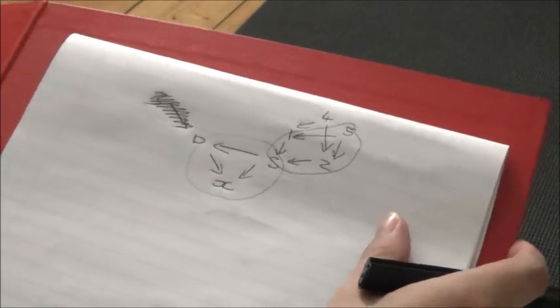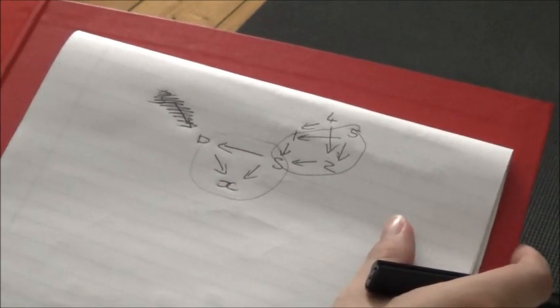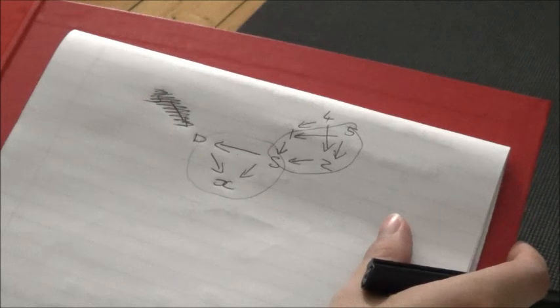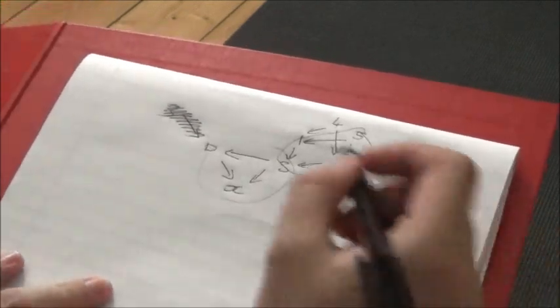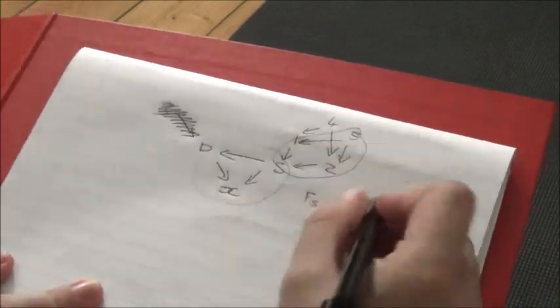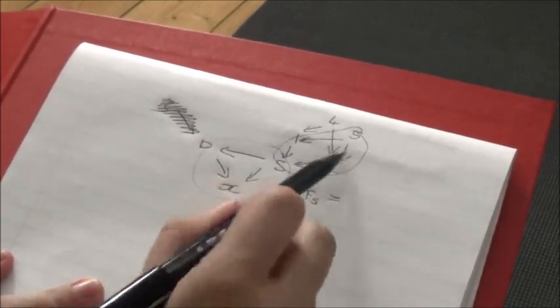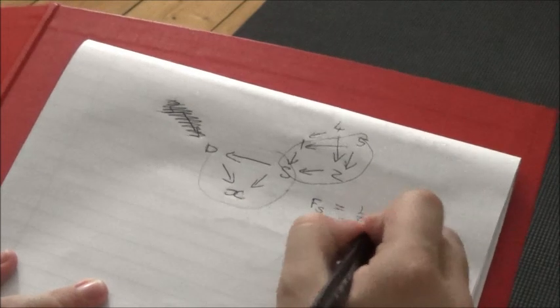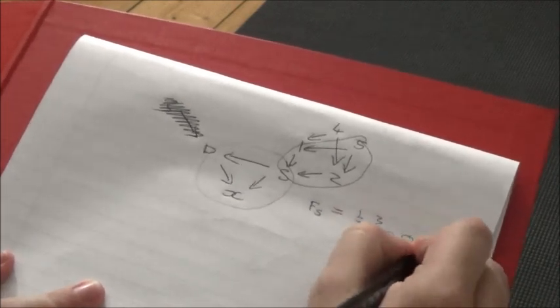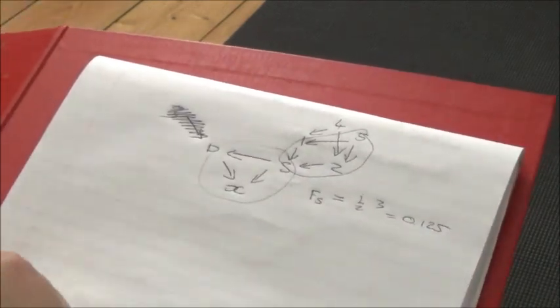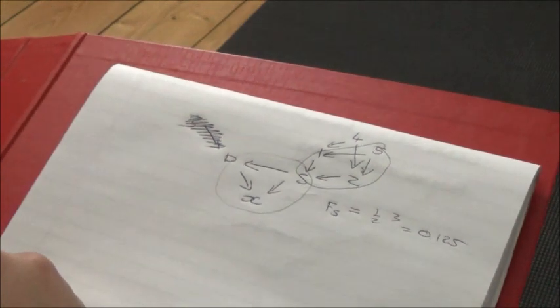So in order to calculate our inbreeding coefficient of S, we do the exact same thing that we did before. So for S, it would be the number of individuals excluding S, which is 3, and that'll give us 0.125. Nothing fancy about that.